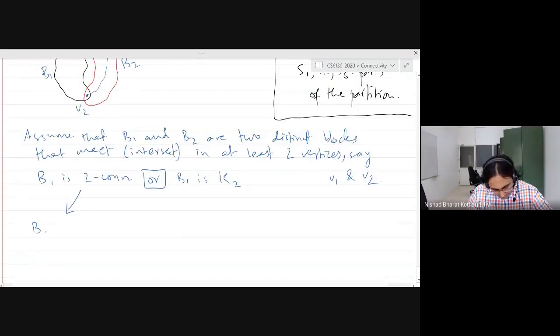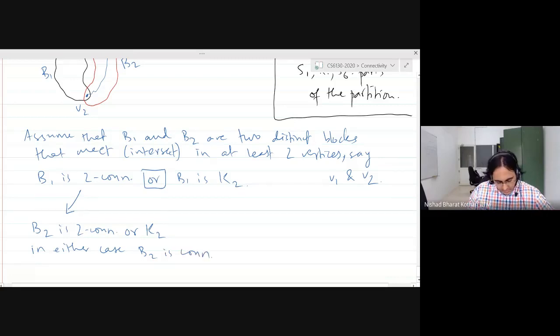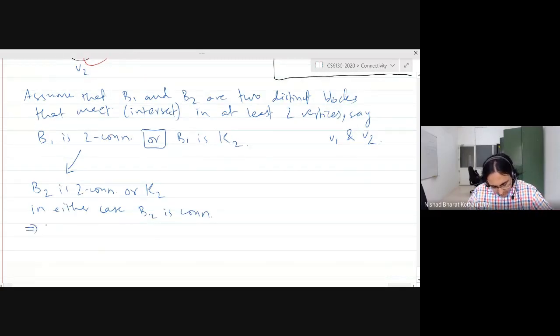So if B2 is two connected or K2, in either case B2 is connected, which implies that there exists a path P in B2 joining U and V.